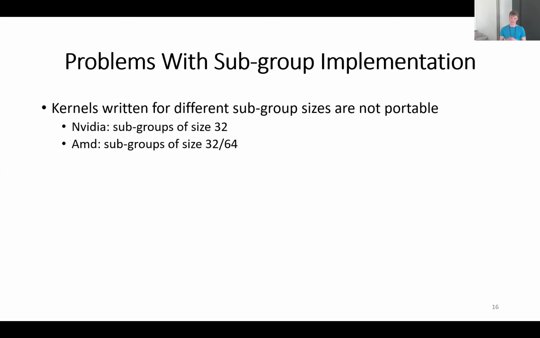First, to make clear, if you have a kernel that uses subgroups, then it typically only supports one subgroup size. If you write your kernel for the subgroup size 32, then you can't just execute it with the subgroup size 16 or 1 or whatever other subgroup size.